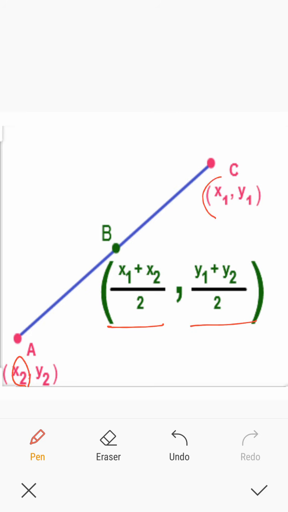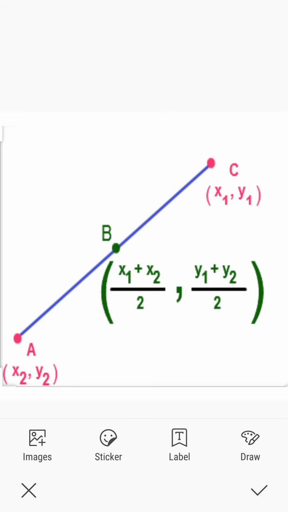So add the x coordinates and divide by 2, add the y coordinates and divide by 2, or take the average of the x coordinates and the average of the y coordinates. So remember, if x1, y1 and x2, y2 are the endpoints of a line segment, then its midpoint is given by x1 plus x2 by 2 and y1 plus y2 by 2.